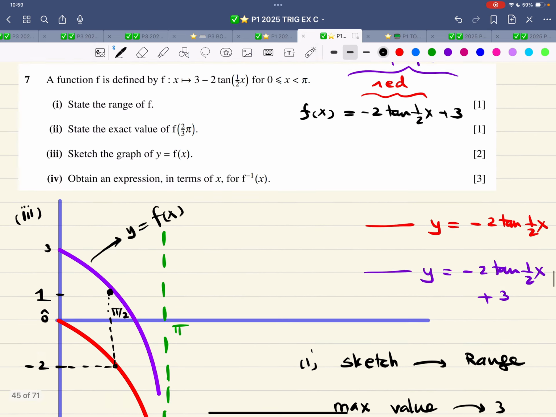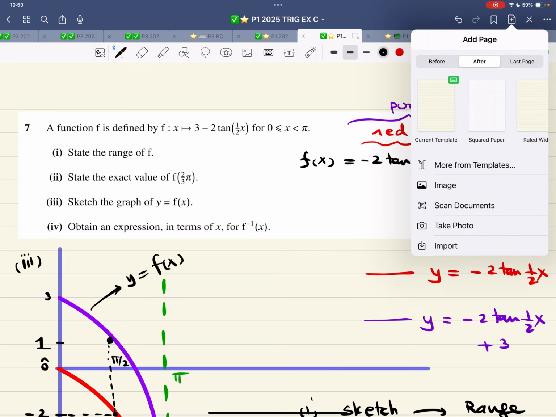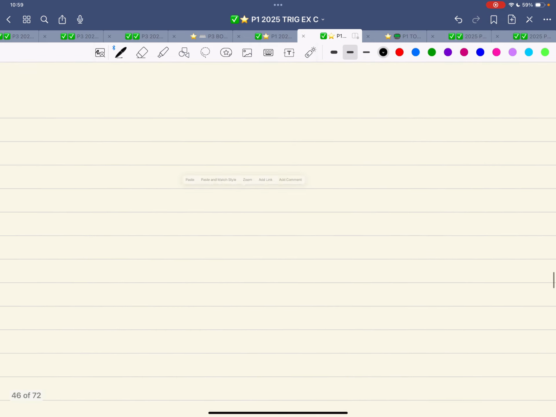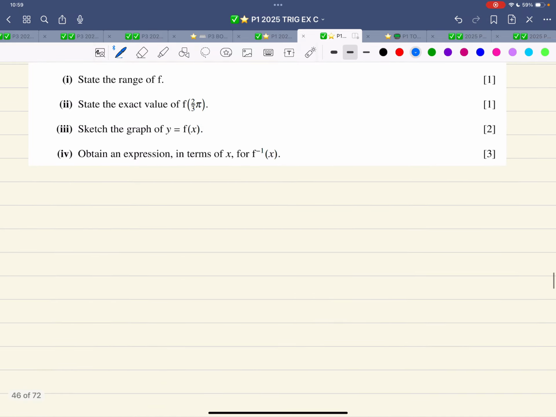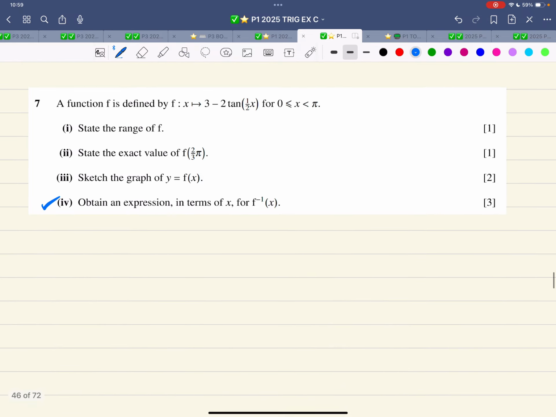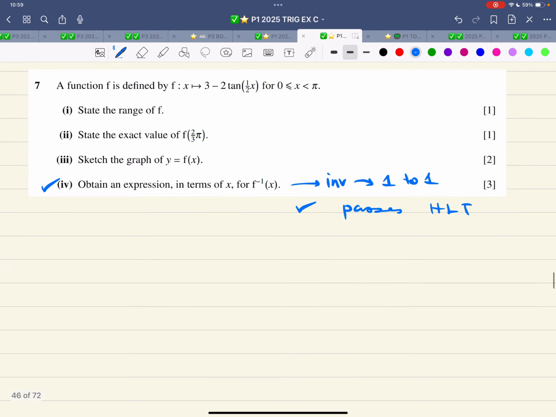Now let me copy this thing and do the last part also, which is the expression part. Over here, obtain an expression for f inverse x. Now inverse only exists for a one-to-one function. Yes, it's a one-to-one function because it passes the HLT, horizontal line test.